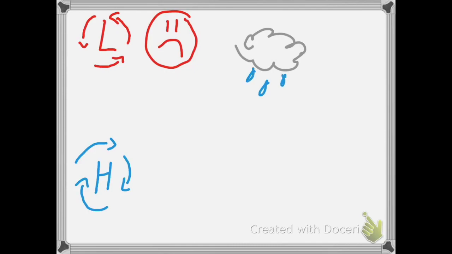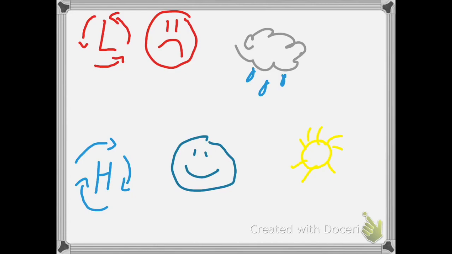Now, high pressure is an H, and it goes clockwise. High pressure, happy weather. So high pressure is good weather. The sun's shining, everyone's outside playing around. Low pressure, lousy weather. High pressure, happy weather.